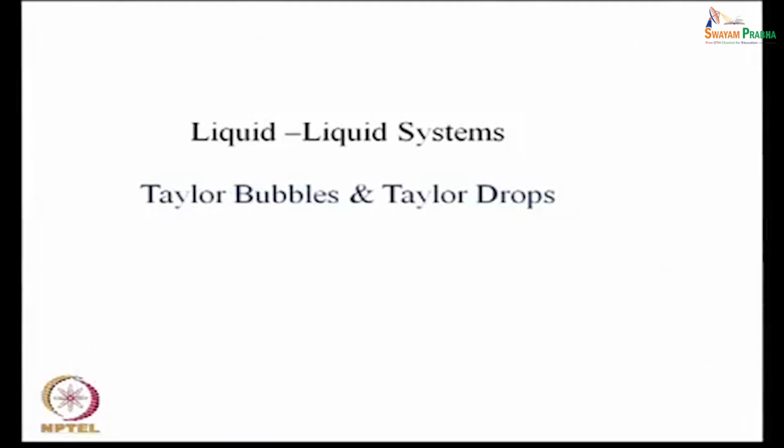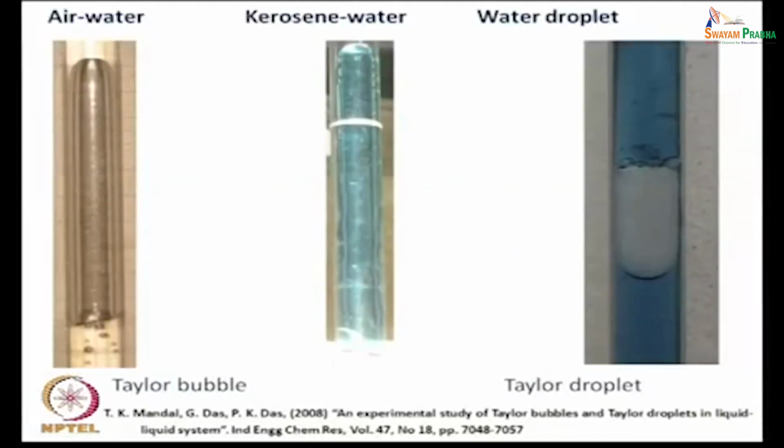But if we take a more or less narrow pipe, say less than half an inch, we found that in that case also, the lighter liquid rises up as a Taylor bubble in the heavier liquid, as we have shown here. It is a kerosene bubble rising in water.